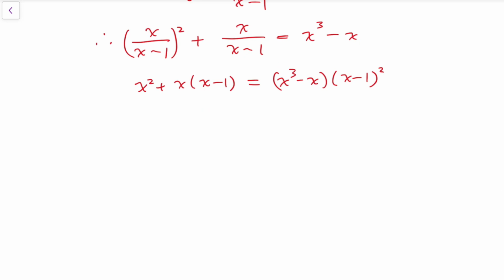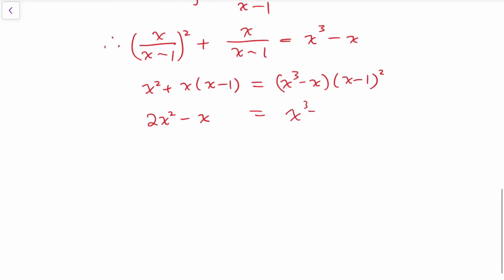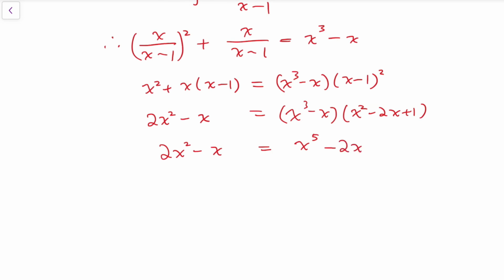Then I'm going to do some algebra so that there is no denominator, no fraction on either side. Expanding the left, we have 2x squared minus x, while for the right, we have (x cubed - x) times (x squared - 2x + 1). For the right, we have x to the power 5 minus 2x to the power 4.